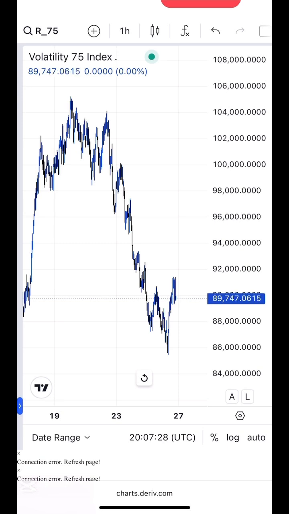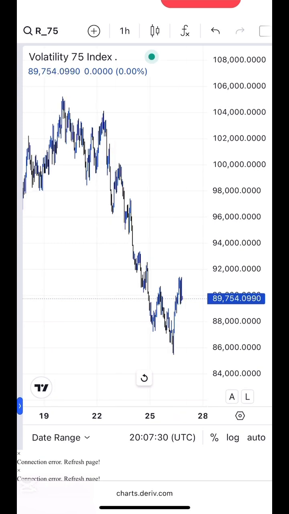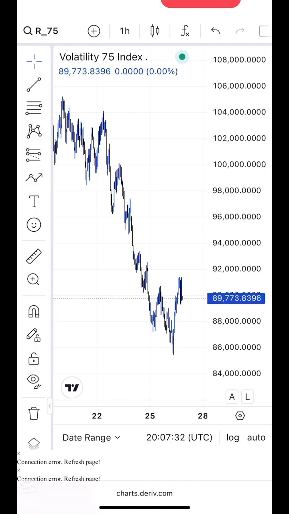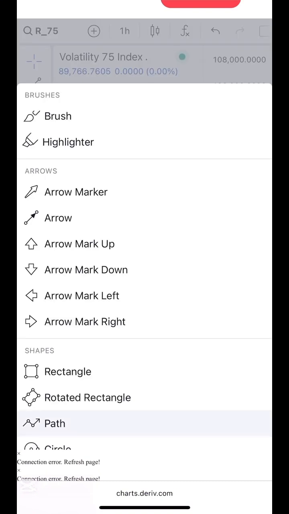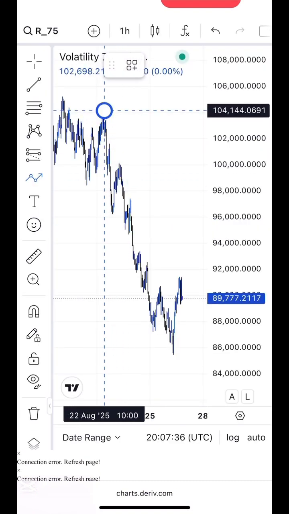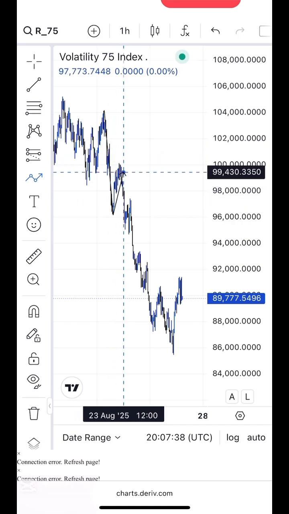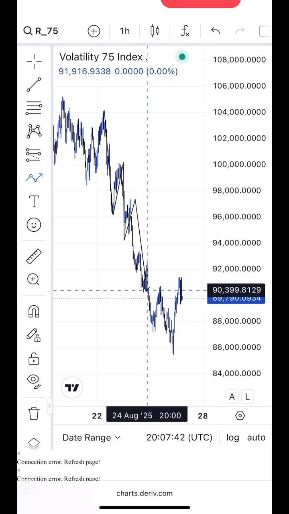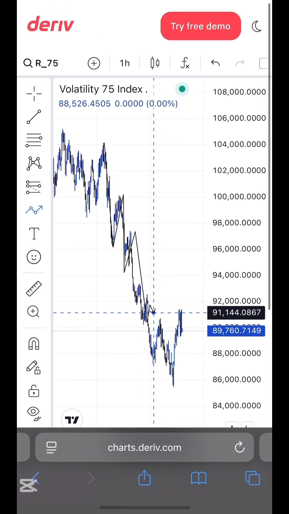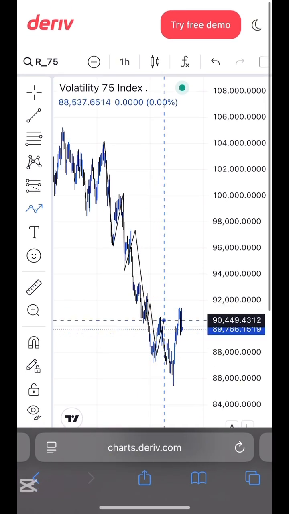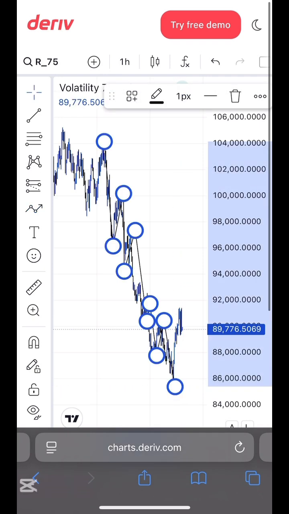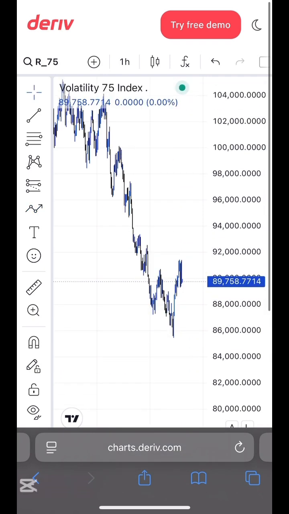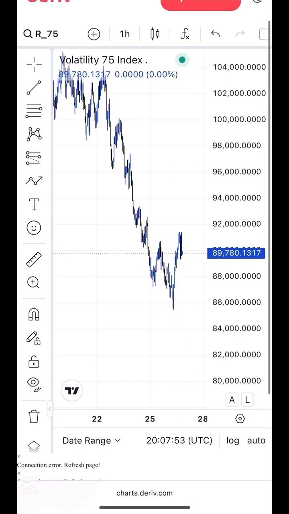Starting with the 1 hour time frame, you can see the market is making a series of downtrend, which is lower lows, lower highs, continuously. In this lower low, lower high, there are retracements, and inside you can see breaking structures.